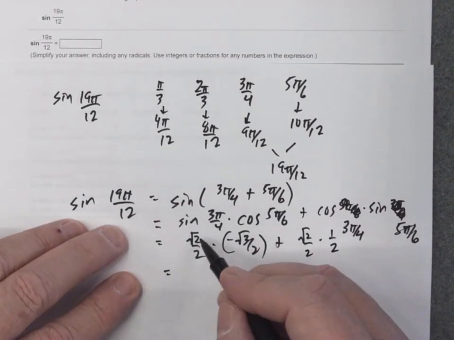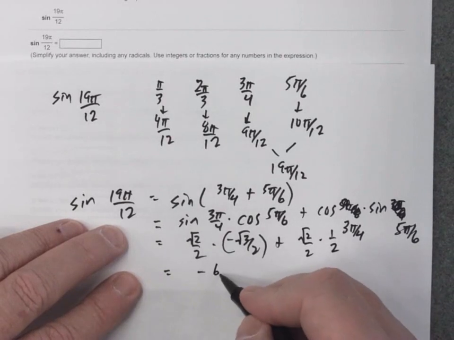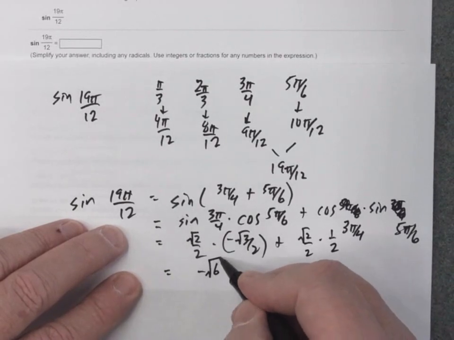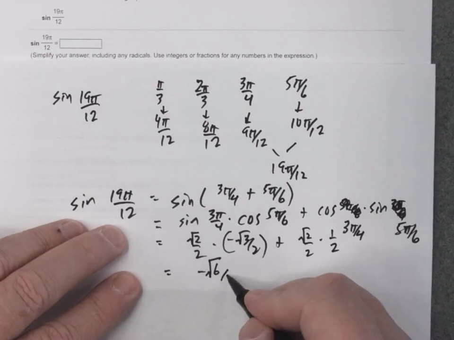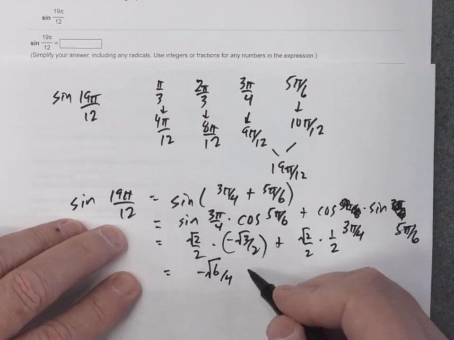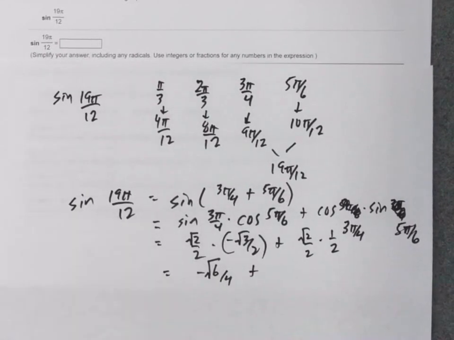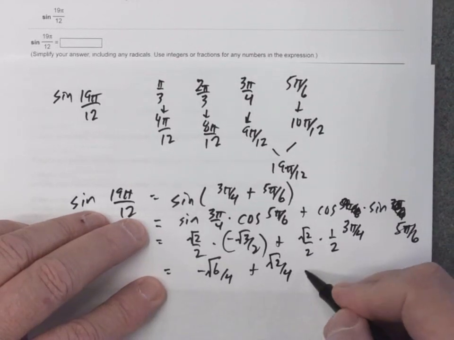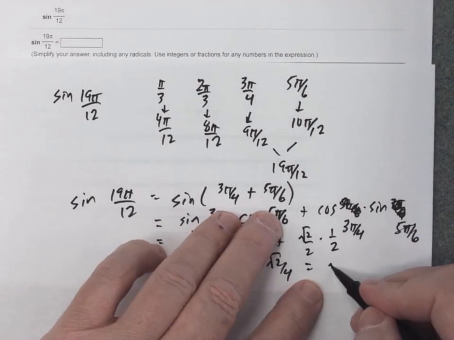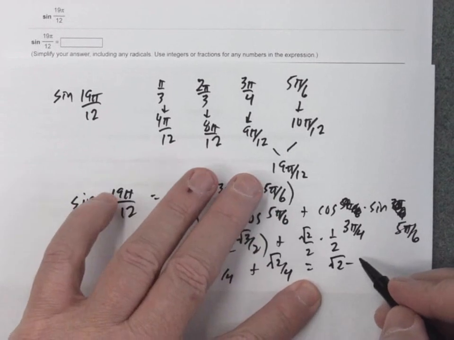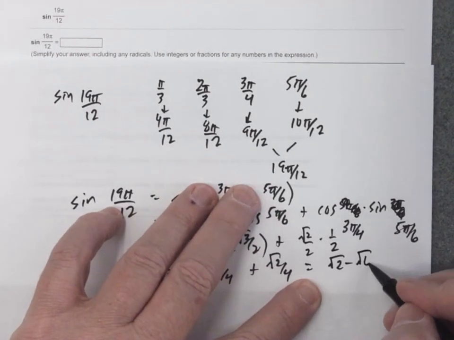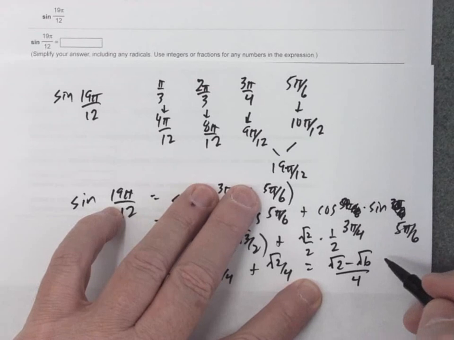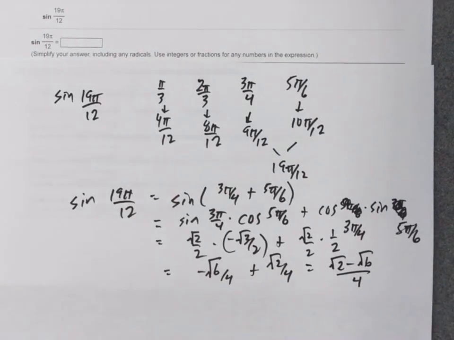So this is negative 4. You multiply these together, negative 6. Negative square root of 6 over 4 plus square root of 2 over 4, square root of 2 minus square root of 6 over 4.